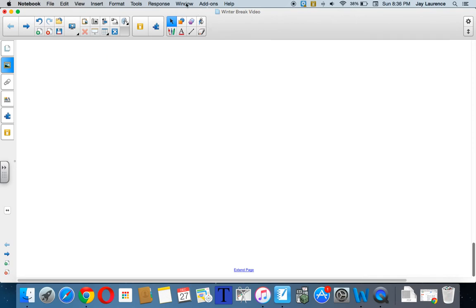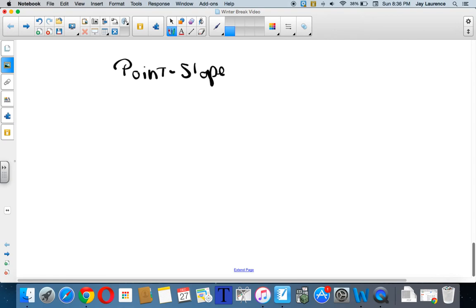Just a quick recap. We reviewed sections 5.1, 5.2, and 5.3. All right, this is 5.4, and it's called point-slope form, right? Point-slope. And they call it point-slope form because it's for a linear equation. When you're in point-slope form, you know a point on the line, not necessarily the y-intercept.